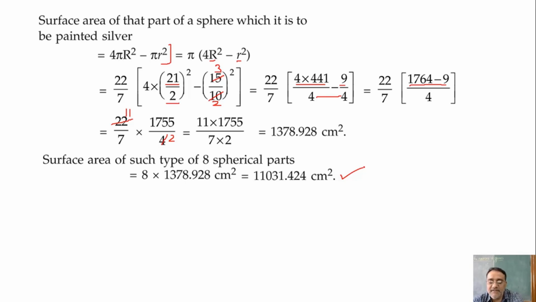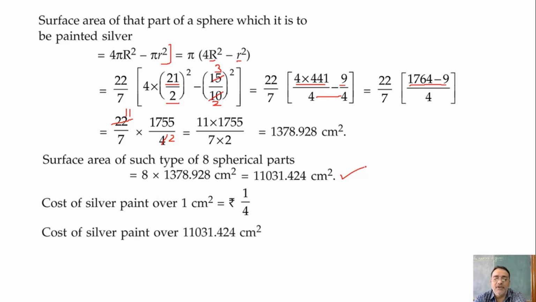Now cost of silver paint is given for 1 centimeter square 25 paise. That means 1 by 4 rupee. So total cost will be equals to 1 by 4 into this one. So if you divide it by 4, we'll get approximately 2,757.85 rupees.